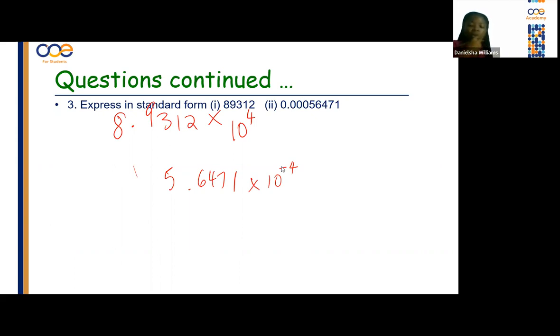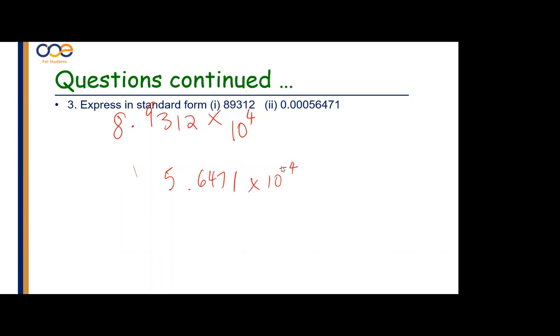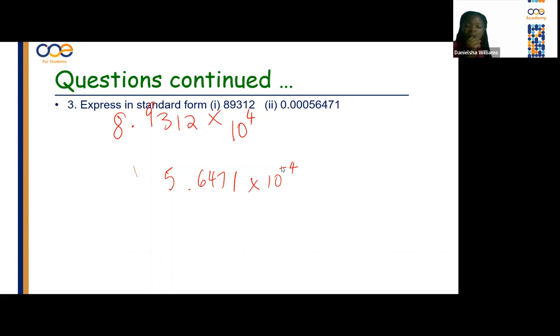What about transposition? Like when you rearrange a formula, anybody has done that? Miss, I think I did it, but I didn't remember. Okay, because transposition is the same as changing the subject of the formula. Okay, I see Ophelia sending it. Okay, good.